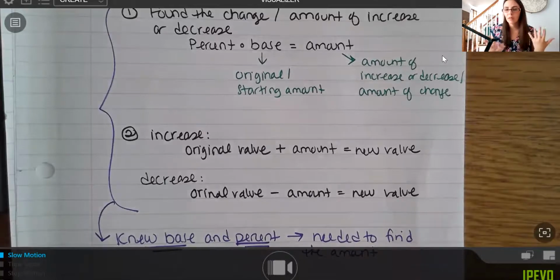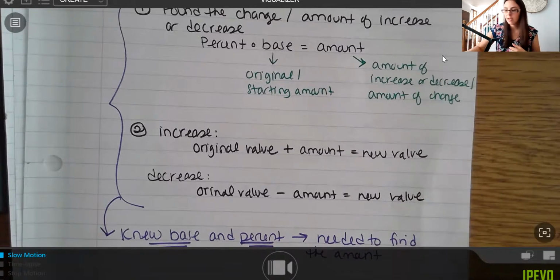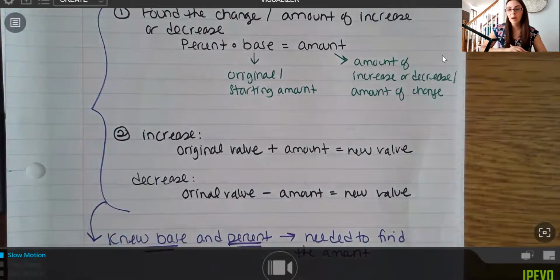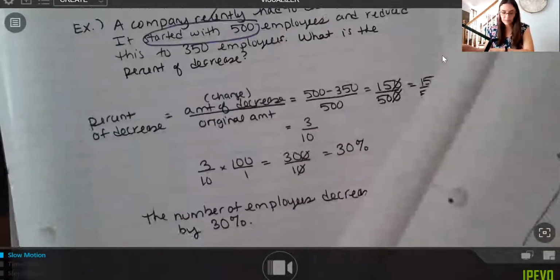So this is a pretty common thing that we do, but we didn't actually talk about what to do if you are looking for the base. So in that case, if it's a simple problem, you can use the same setup as the original here and just solve for the base there. But if it gets a little bit more complicated and you don't know the change amount, then it can get a bit tougher. So it's just something to keep in mind here as you're going through some of these examples.